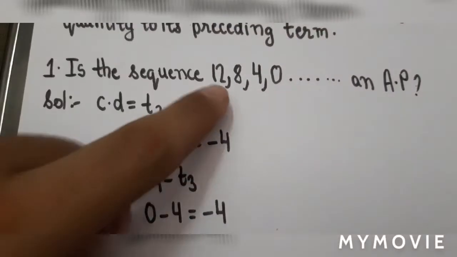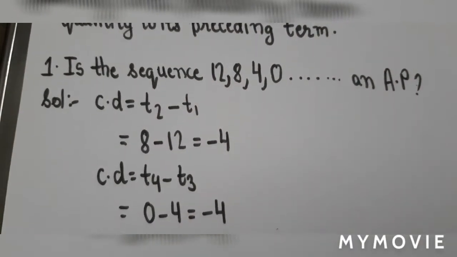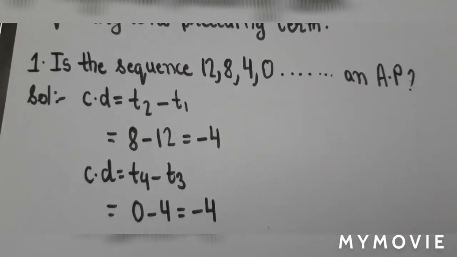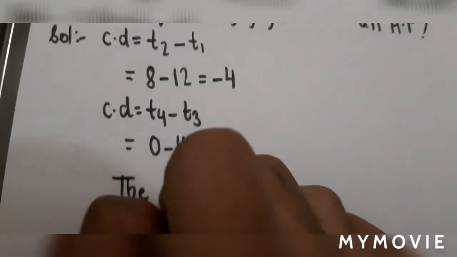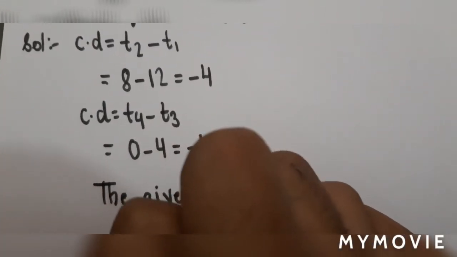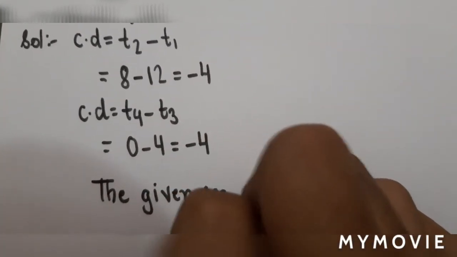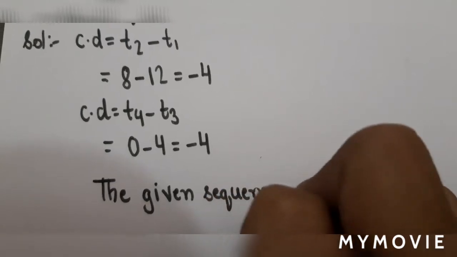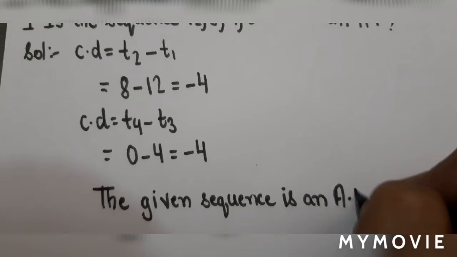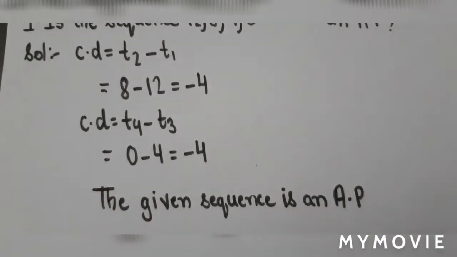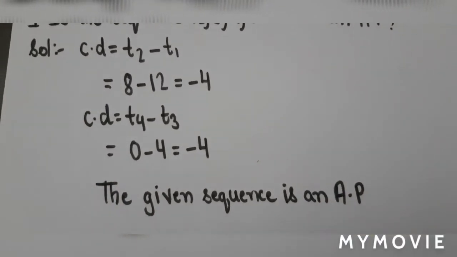So friends, both common differences are the same. So this means the given sequence is an AP. So friends, let's move to our second question.